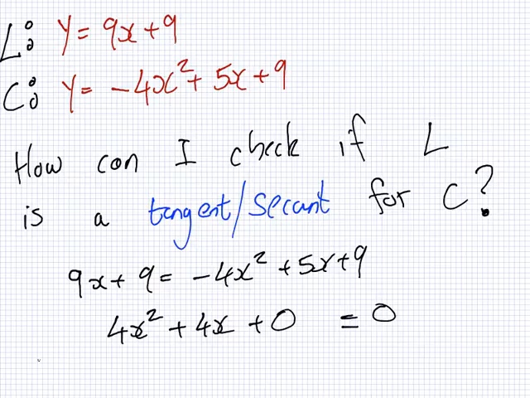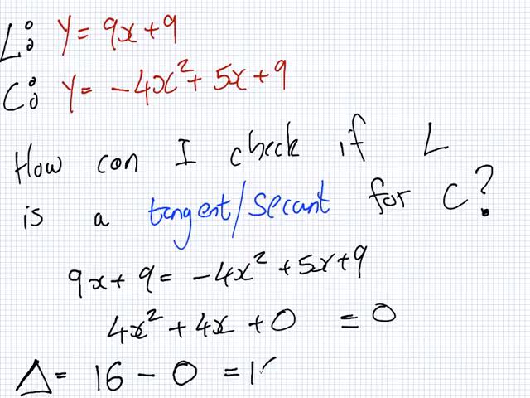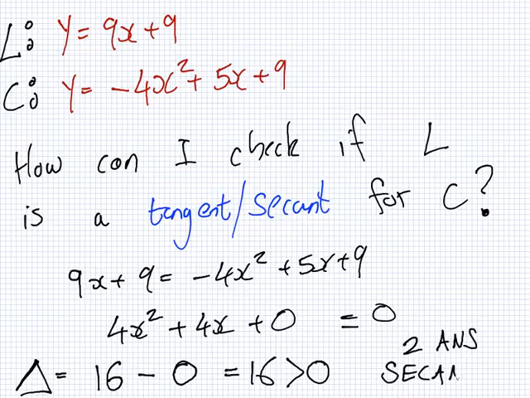How can I check how many answers? Discriminant, yeah. So the discriminant, B squared minus 4AC, is equal to 16 minus 0. This is equal to 16, which is positive, which means two answers, which makes it a secant. And this is the quickest way to do it.